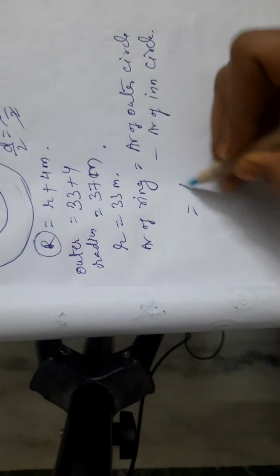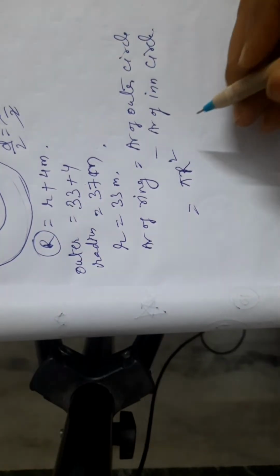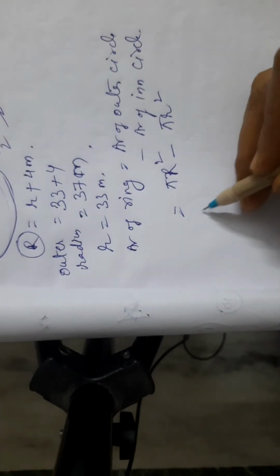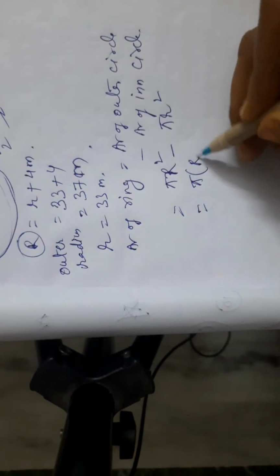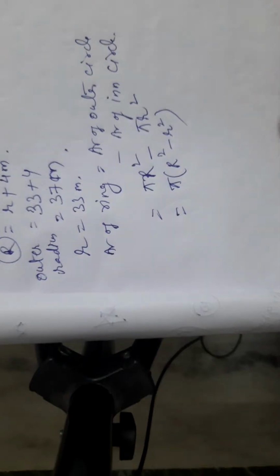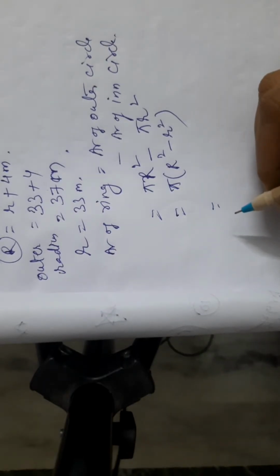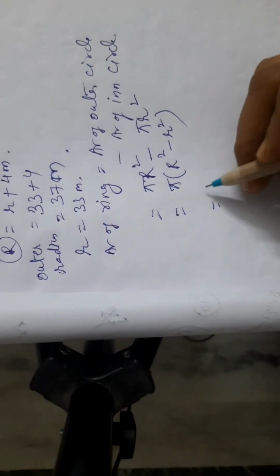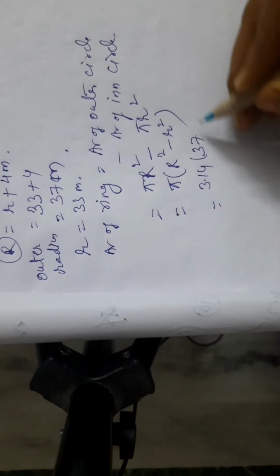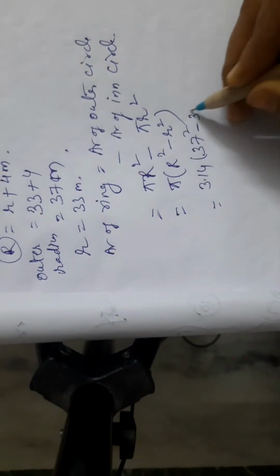For outer circle, it is pi R square, capital R. For inner one, it is pi small r square. As I explained in yesterday's class, pi can be taken common, capital R minus small r. So here it is given, use pi as 3.14. Outer radius is 37. Inner radius is 33.